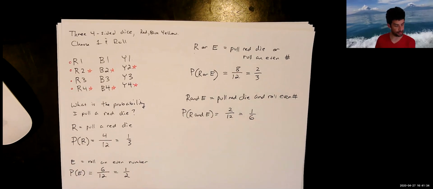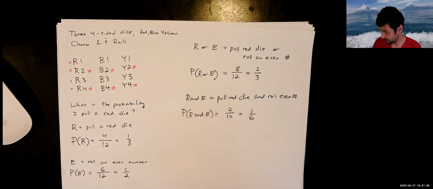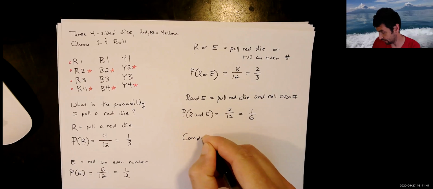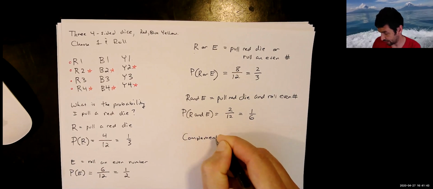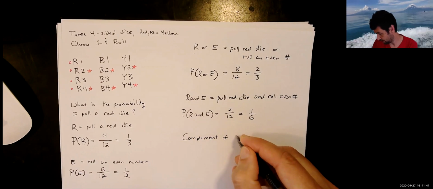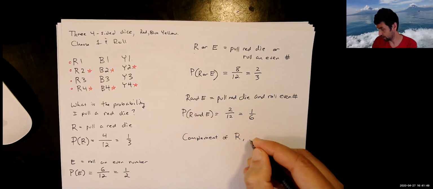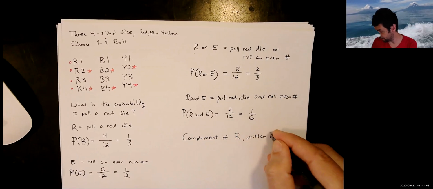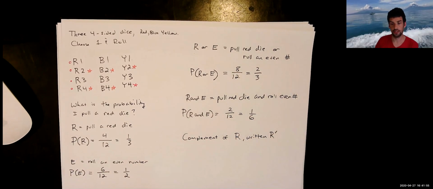We have this notation. Let's call it the complement of an event. So I'll use the event R, written like this. We'll tend to use this one, right?